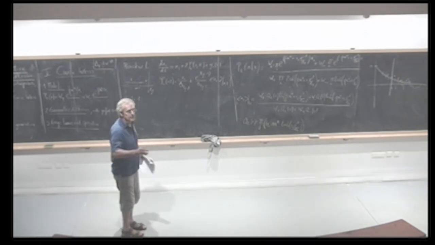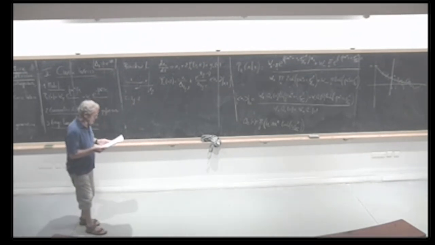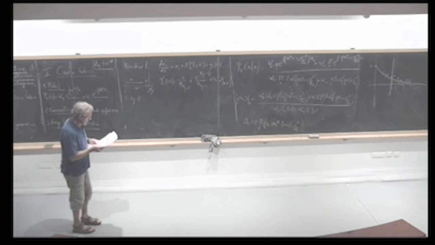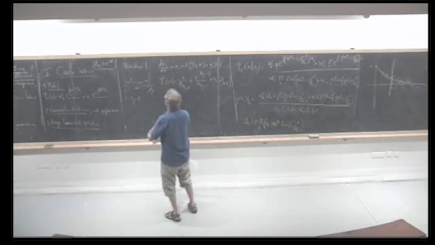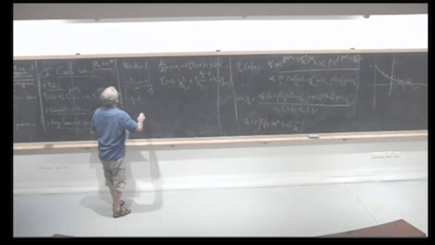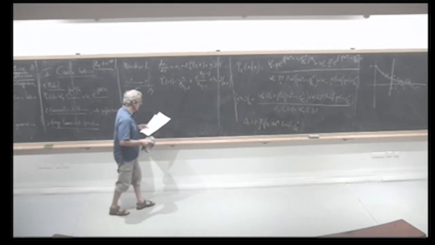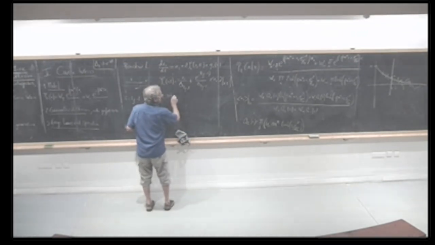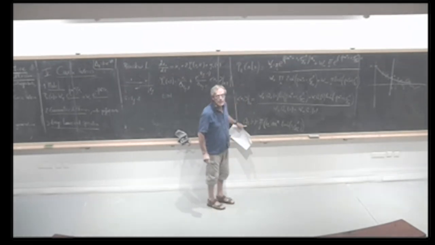I should say that this is work we did with Giulio, which appeared a few months ago. So let me look at what happens at large times. So I take tf, which is very large, and so t will be very large. And if t is very large, I can start to simplify a little bit my score.